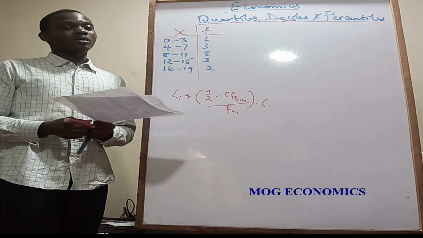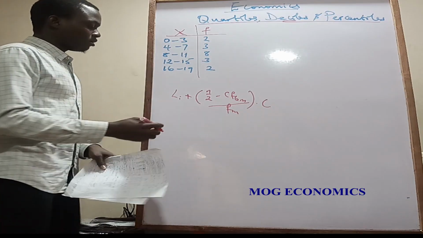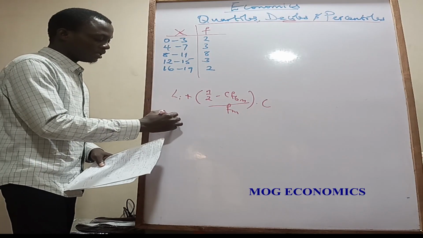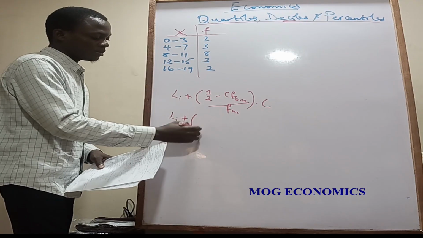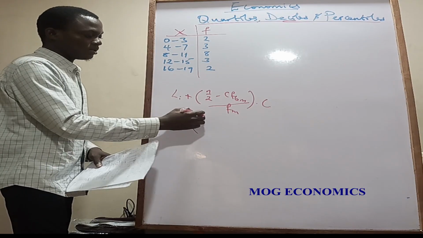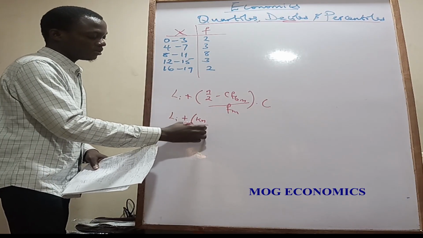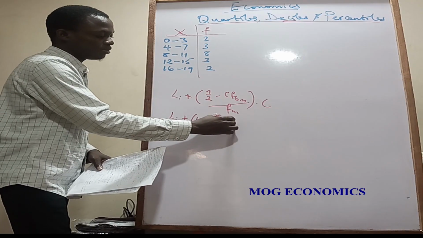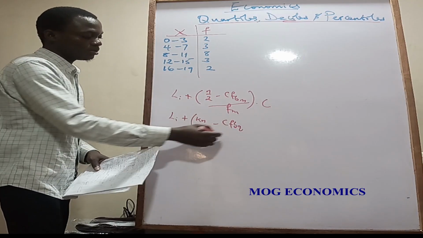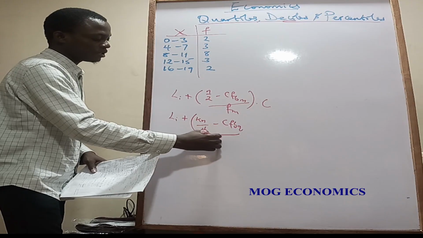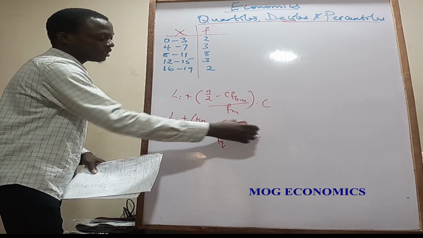But if we look at quartiles, it is going to be Li plus k n over 4 minus cumulative frequency before the quartile class, which is CFBQ, over frequency of the quartile class and multiplied by c.